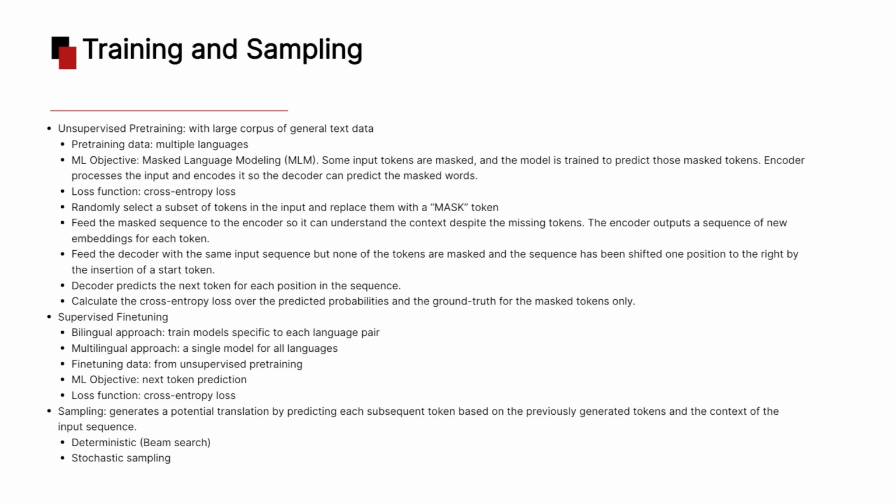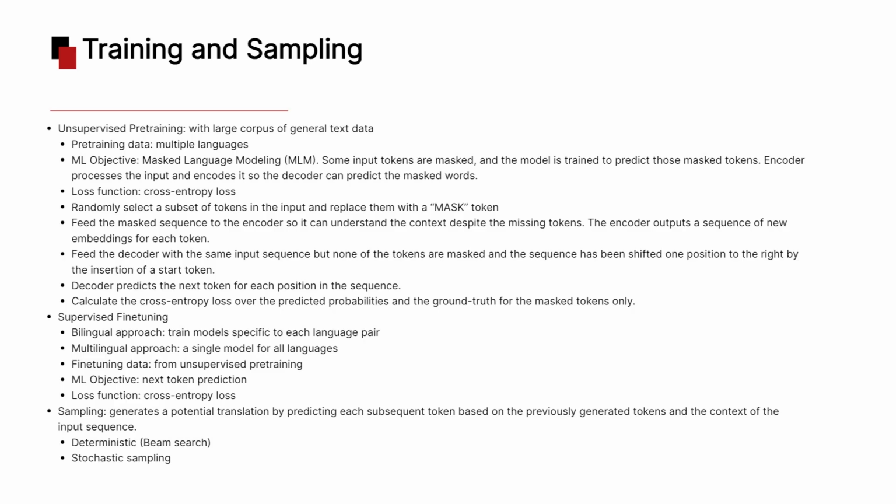Sampling for translation generation. During inference, the model generates translations by predicting one token at a time based on the input sequence and previously generated tokens. Deterministic sampling, such as beam search, explores multiple candidate sequences to find the most likely translation, balancing quality and diversity.